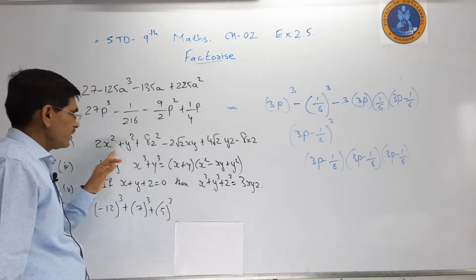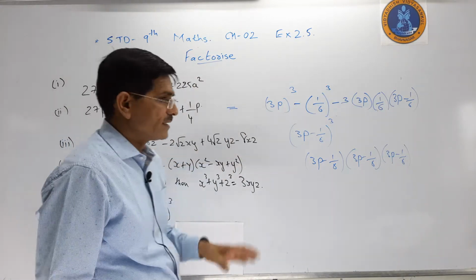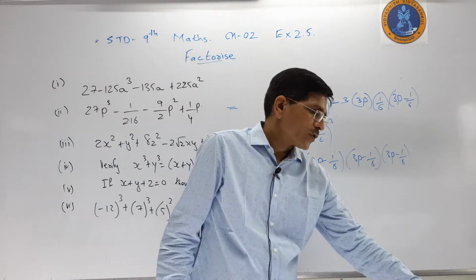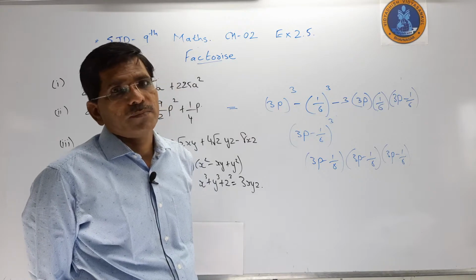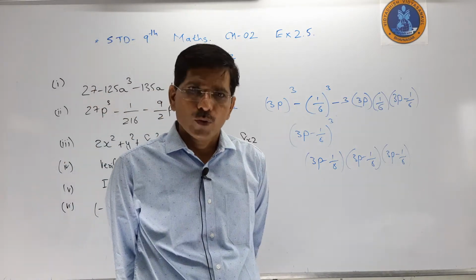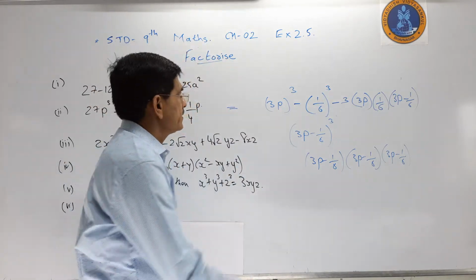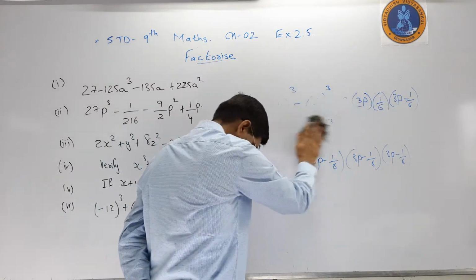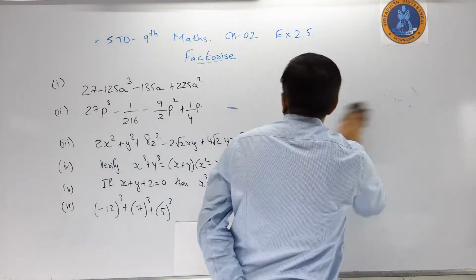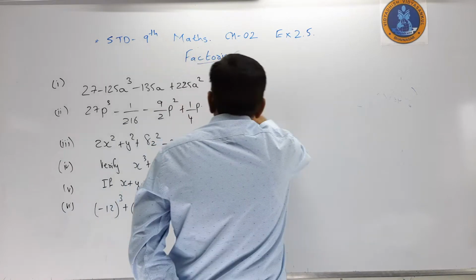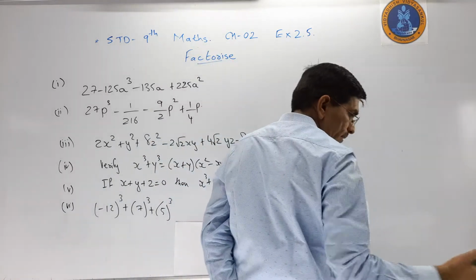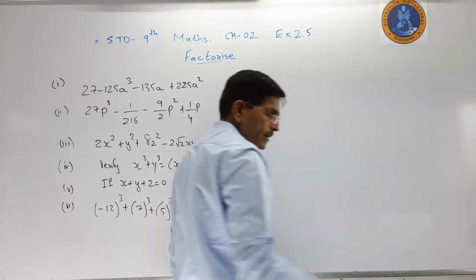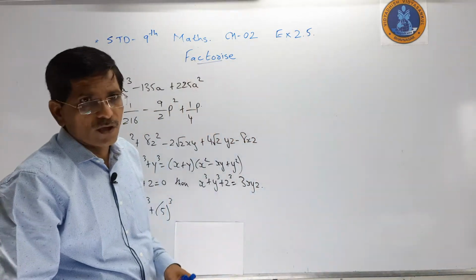Now one more sum, 1, 2, 3, 4, 5 and 6 terms are there. So when 6 terms are there, it is related with x plus y plus z whole to square. First of all, we have to write the identity, to check that our identity is correct or not.